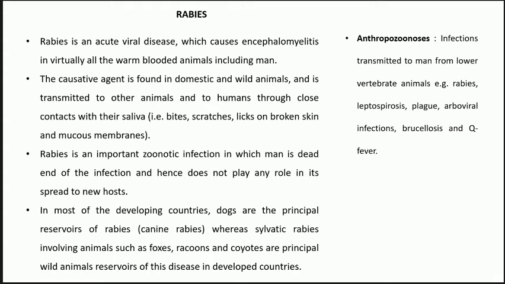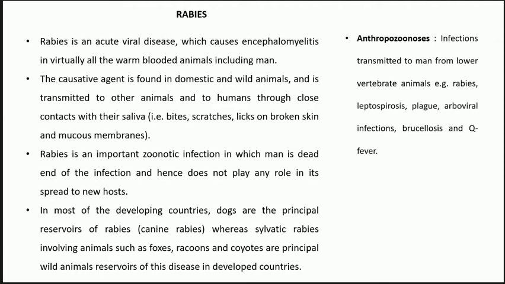So why is it so important? This is an important zoonotic infection in which man is the dead end of the infection and hence does not play any role in spread to a new host. Remember, man is the dead end for this virus, meaning man doesn't actually bite others.